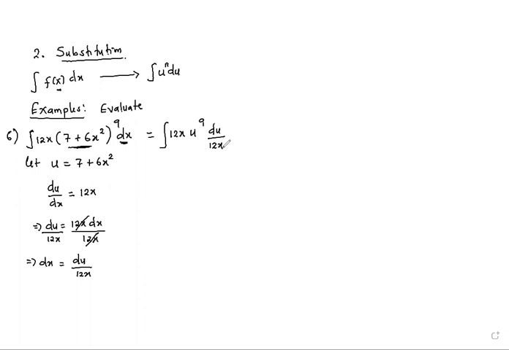So we are almost managing to eliminate all the x variables and just remaining with u. As we can see, this 12x and this 12x can cancel. We therefore remain with the integral of u power 9 du.